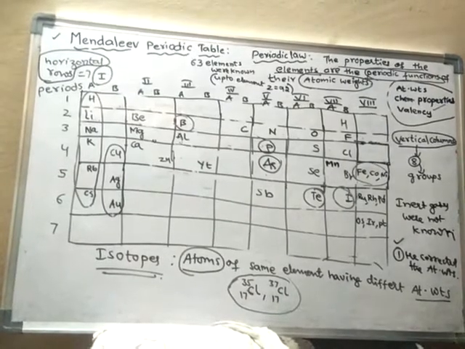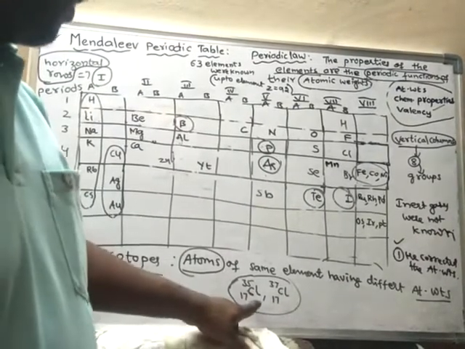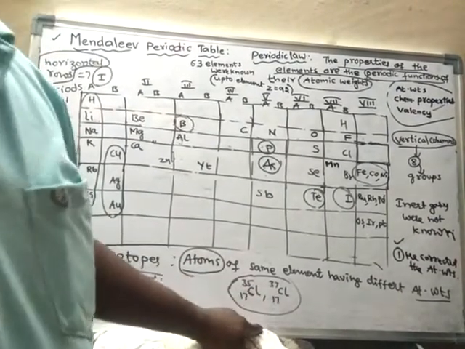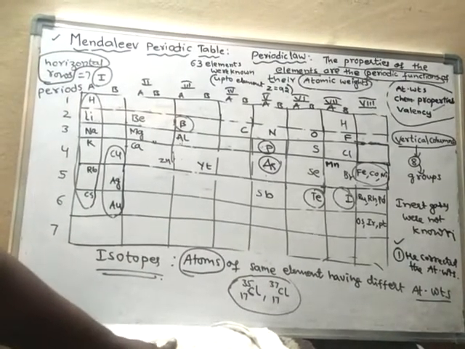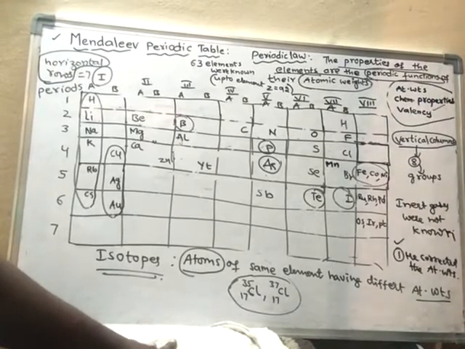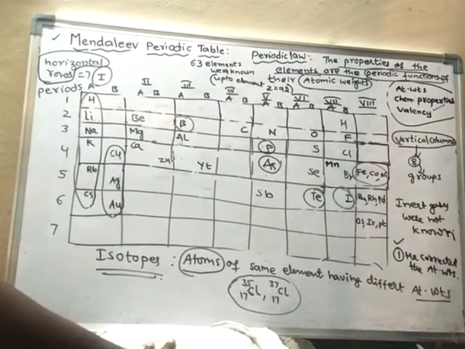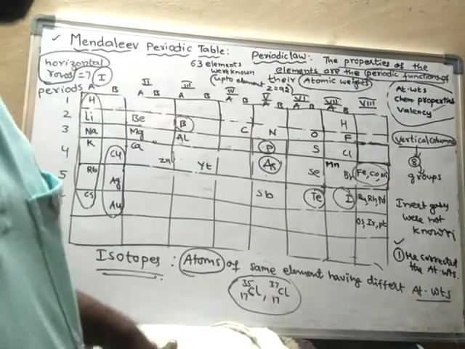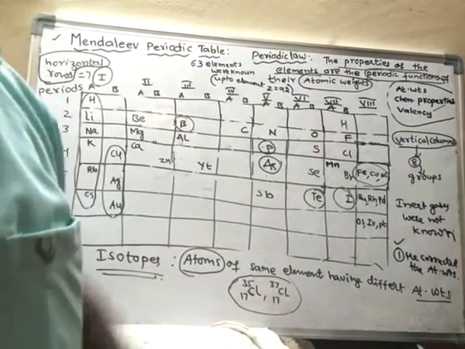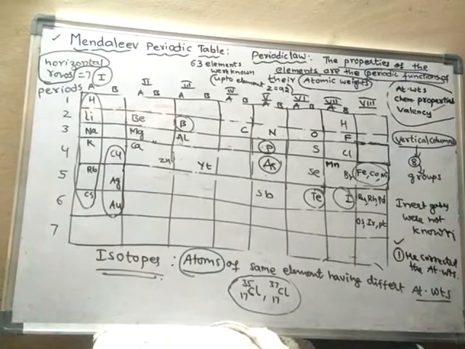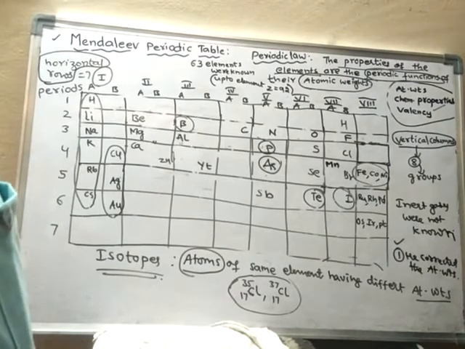Because if he keeps chlorine at two places, it is a mistake. And if he doesn't keep chlorine at two places, then also it will be a mistake. Because if these two atoms are not kept at different places, it will be a defect. Why?